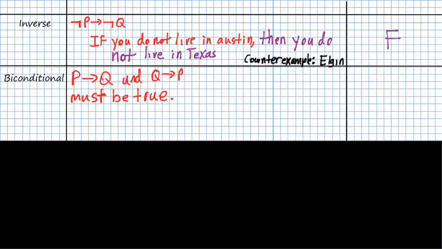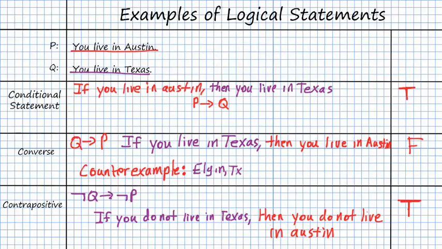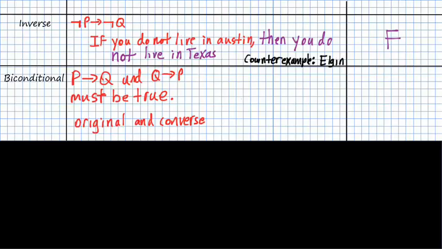So we need to know that the original and the converse need to be true. So let's go back and look at it, and we see that the conditional statement, our original statement, was true, but our converse was false. Therefore, our biconditional statement will also be false. So we're going to say that this was not biconditional.